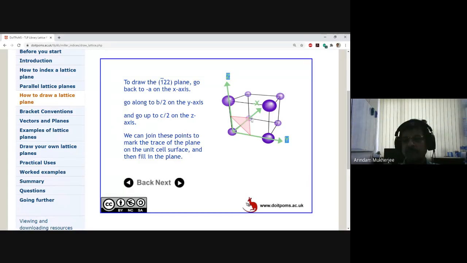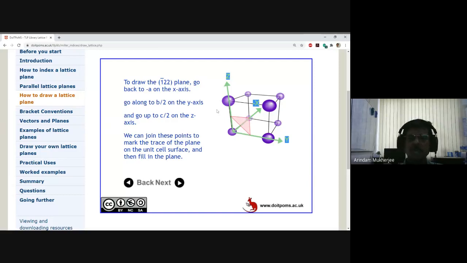If you would have imagined the origin here, you would have to draw another unit cell to draw that plane. That's not logical, right? Then what is the point? So that is why you shift the origin, because then you can easily go to -1 here.